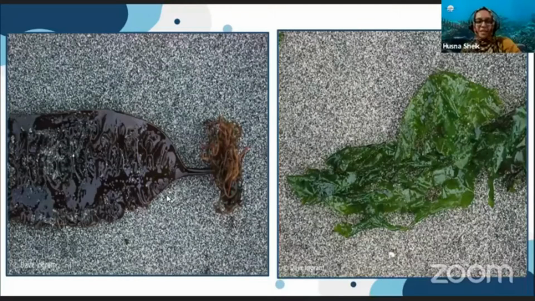Sorry, yes, I see our students are answering. This is a brown algae and this is a green algae. So thank you very much. So here you see, this is visible, a root kind of thing is there down, but actually it's not a root. This is the holdfast, a similar structure, but it's not a true root.